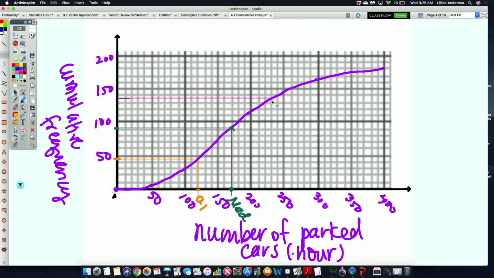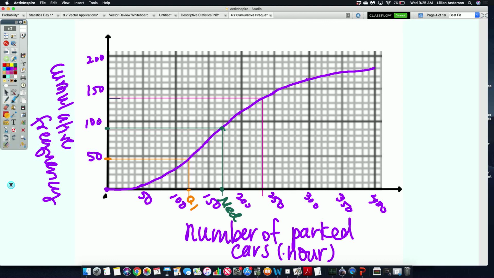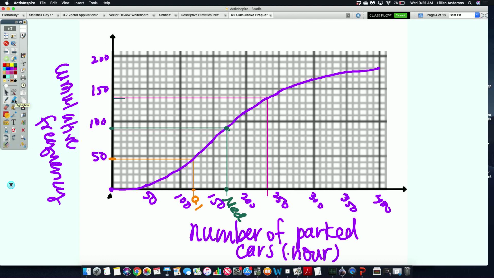Go down to the x-axis. You go from that intersection point down to your x-axis, and that is my Q3. So for me, it'll be about 230. You're looking to see where it hits your graph, and that's how you find that piece of information.